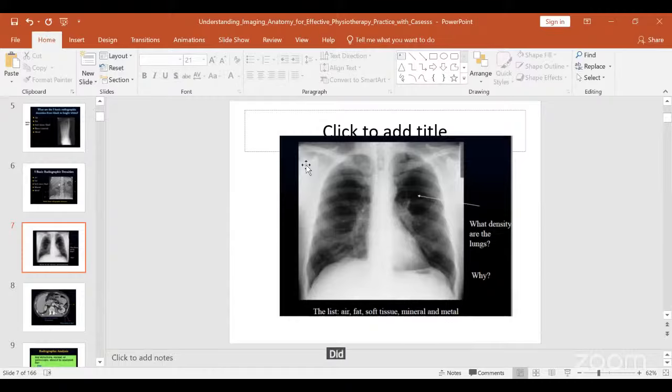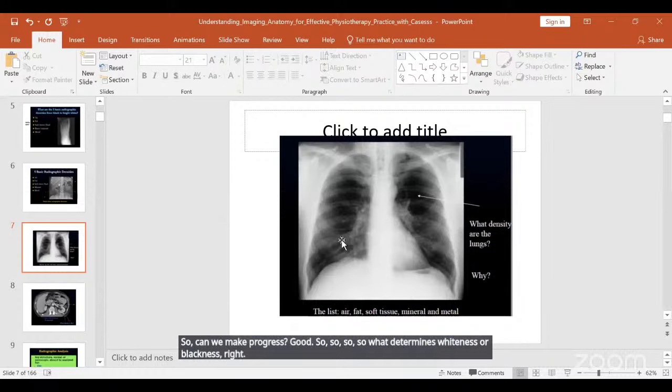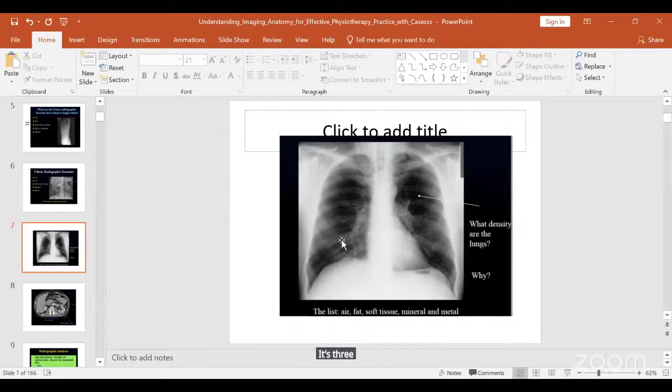Okay. Did you get it, please? Yes. Okay. So can we make progress? Good. What determines whiteness or blackness, radiolucency or radio-opacity, is three factors: the atomic makeup of that tissue, the density of that tissue, and then the thickness of that tissue.